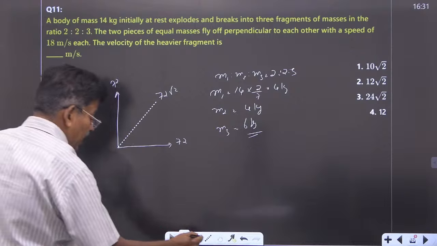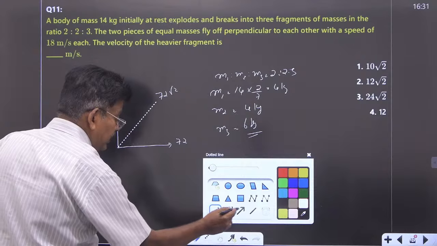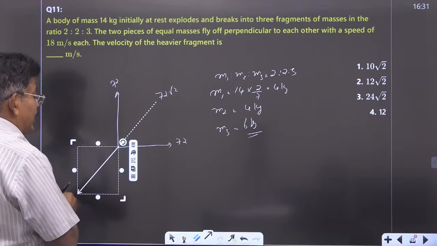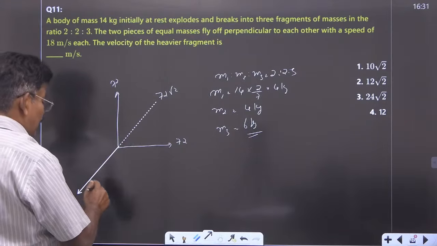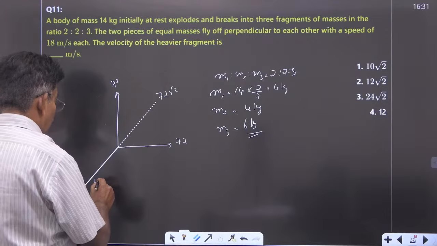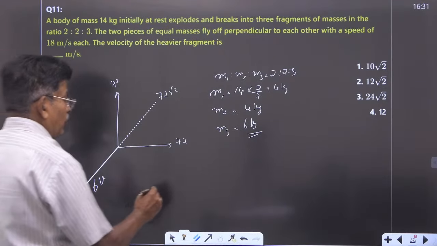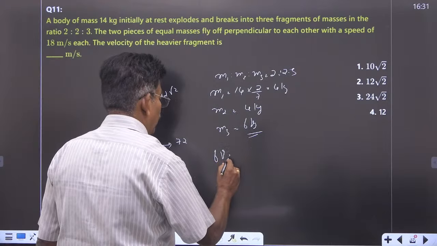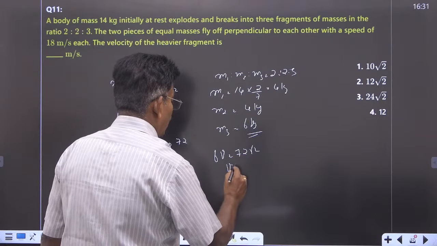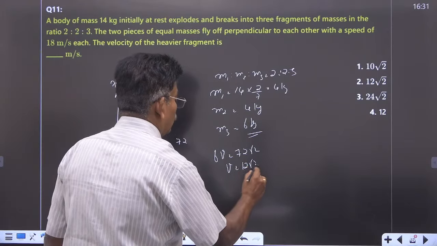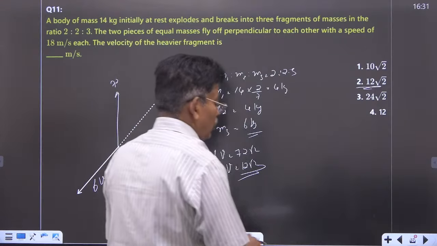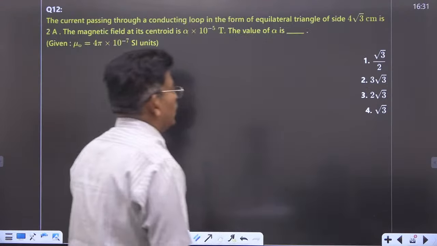So the third fragment should move in such a manner that it opposes this momentum. What is the momentum of the third fragment? Its mass is 6 kilogram into its velocity. So you can write 6 into V is equal to 72 into root 2, and then V is coming to be 12 root 2. I got the answer quickly. This is the answer, 12 root 2. Okay, we go to the next question.